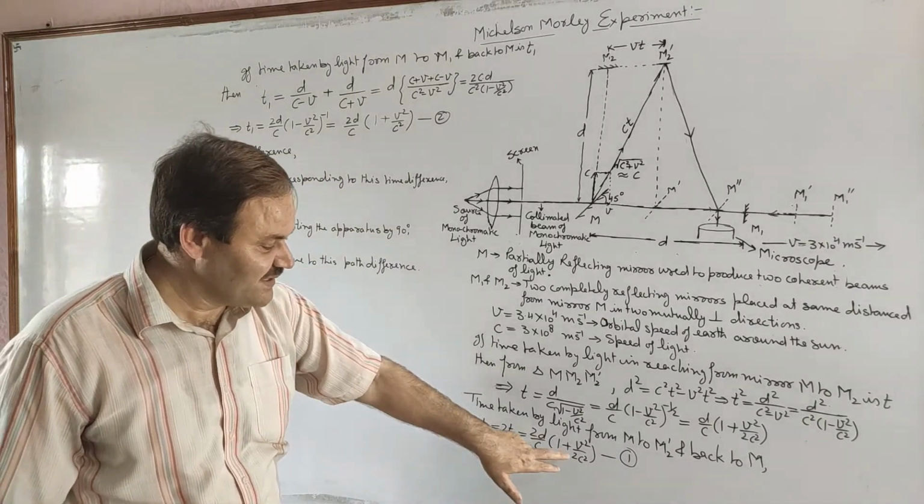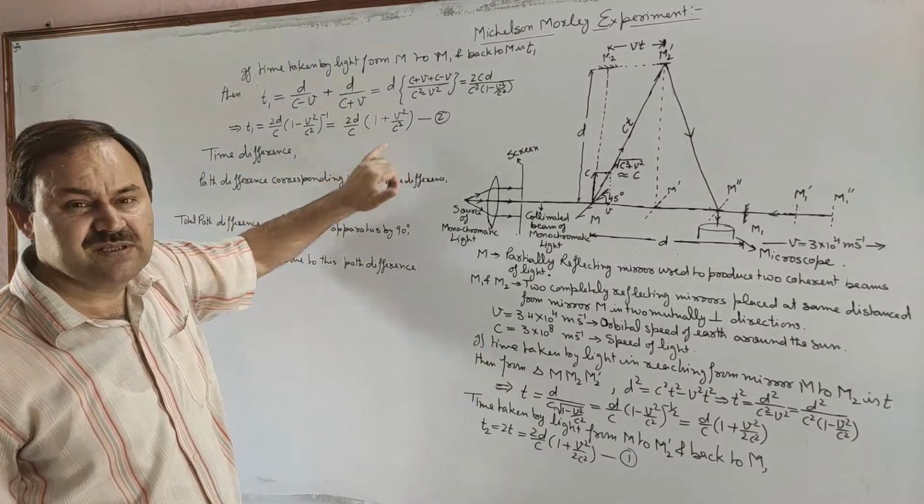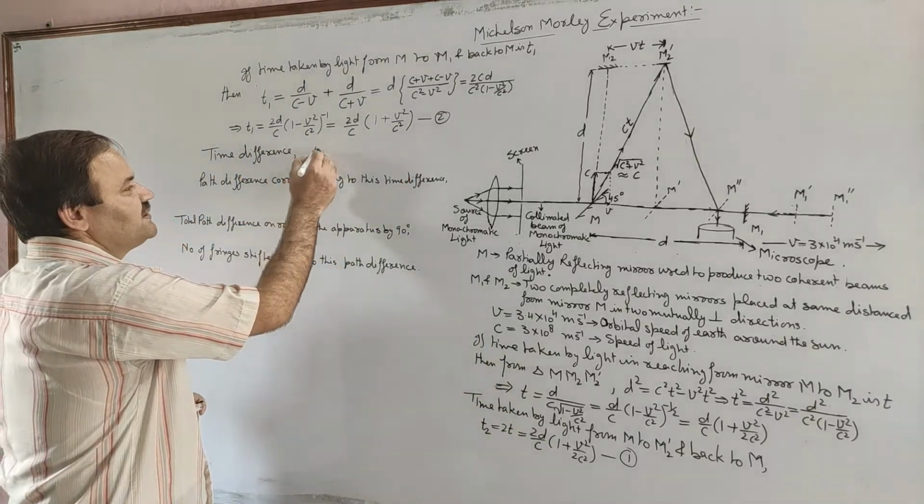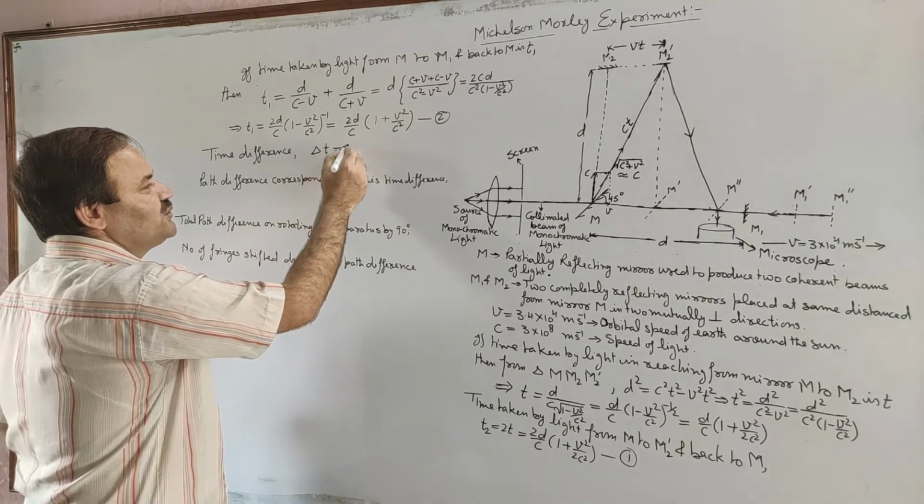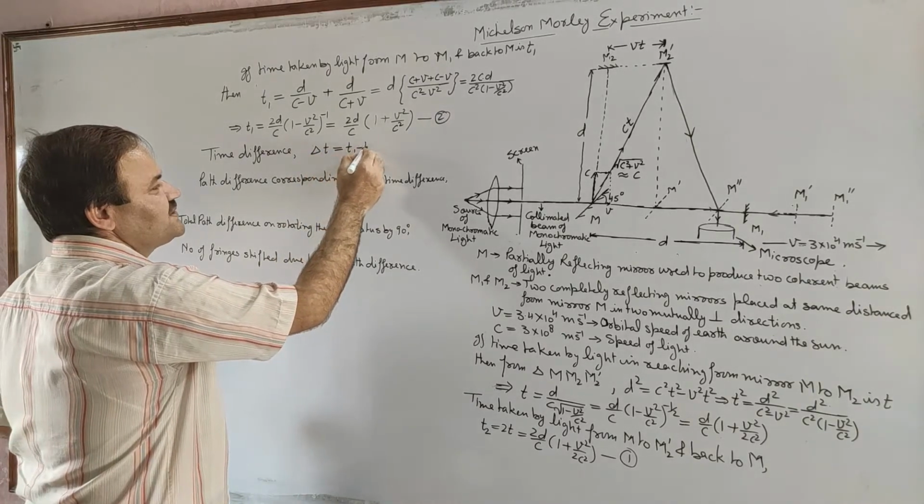We find that T2 is less than T1, so delta T is equal to T1 minus T2.